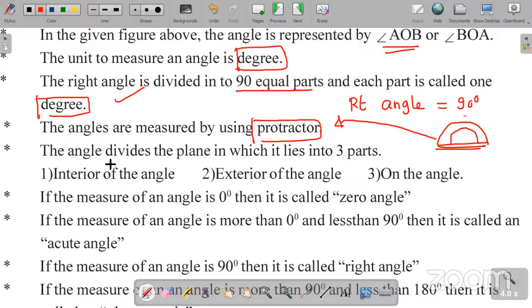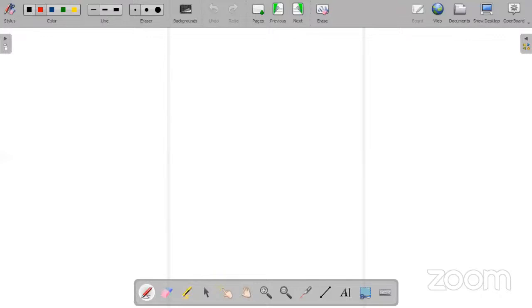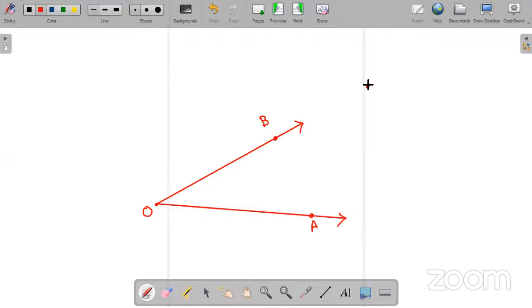The angle divides the plane into 3 parts: interior of the angle, exterior of the angle, and on the angle. Let me explain. Take one angle. Say this is O, this is OA, this is OB. Here O is called the vertex.